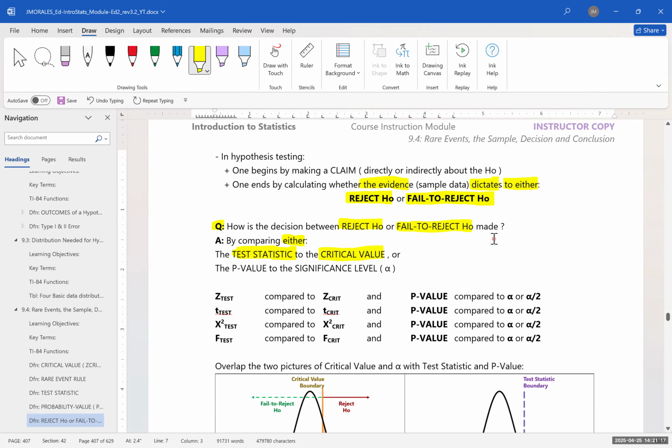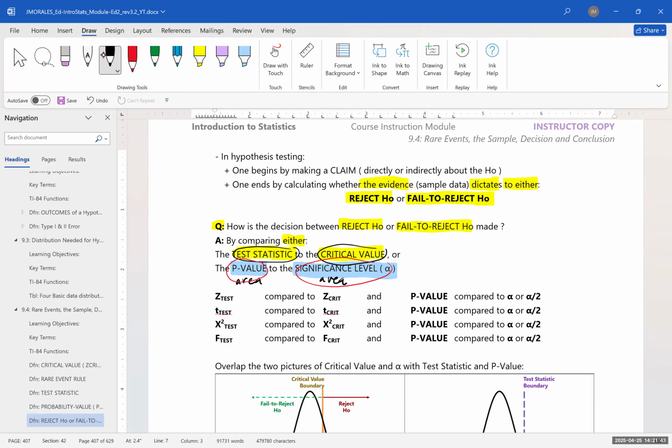Or you can compare two areas. You can compare the size of the p-value area against the size of the significance level area. So this is an area and this is an area. Again, comparing apples to apples and oranges to oranges.